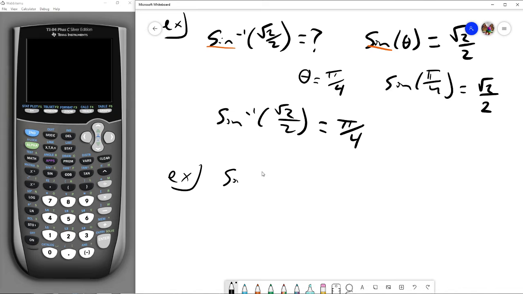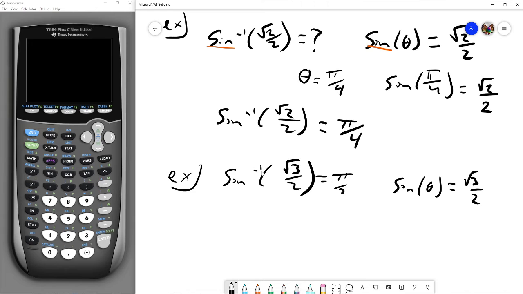If we have, say, arcsine of root 3 over 2, well, this is the same thing as asking the question, sine of what angle gives you root 3 over 2. If we recall from the unit circle, that is pi over 3. Sine of pi over 3 gives you root 3 over 2.